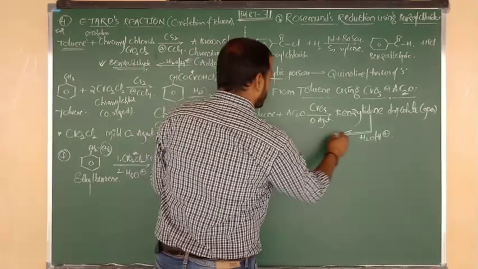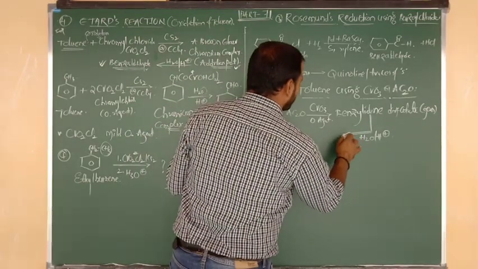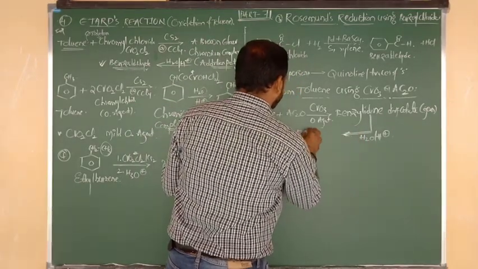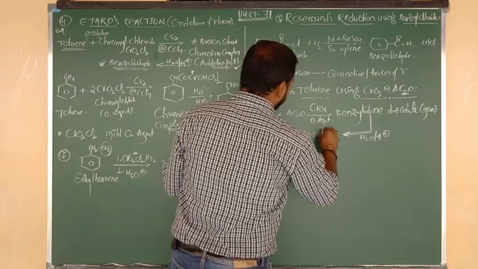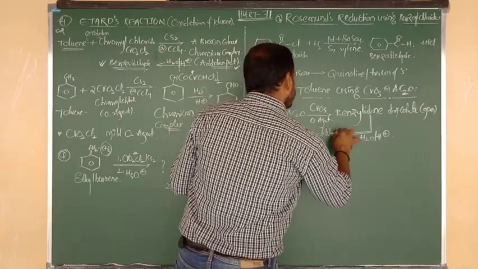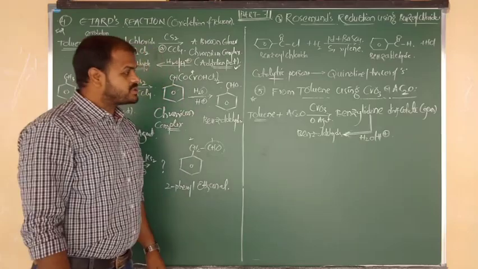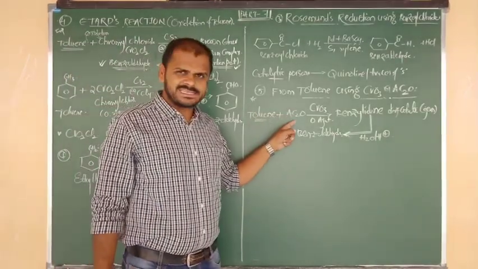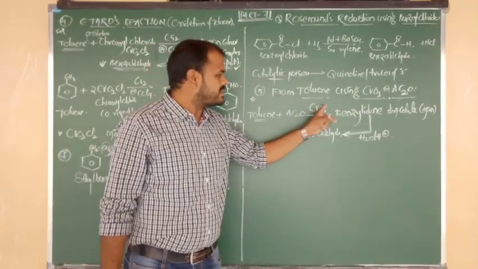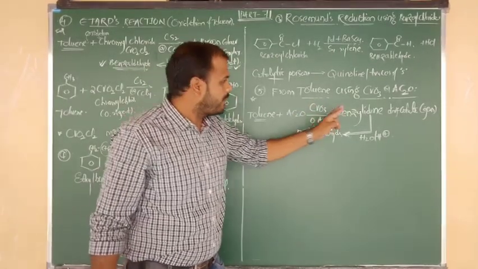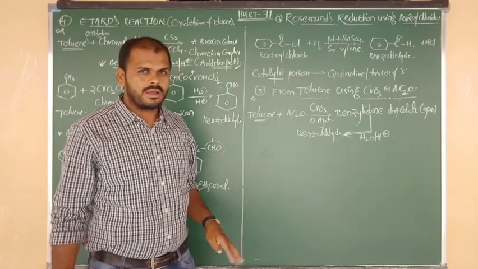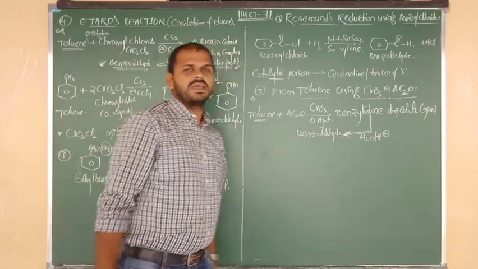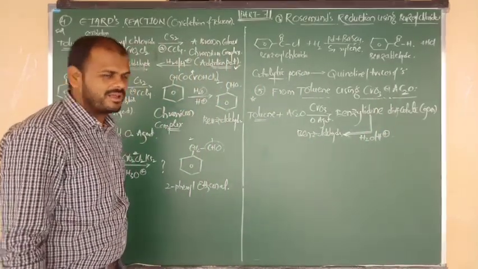Again your expected final product is the same as in the earlier reaction, that is benzaldehyde. So once again I will read the statement. Try to focus. Toluene on reaction with acetic anhydride in the presence of CrO3 gives benzylidene diacetate, followed by hydrolysis gives benzaldehyde. Okay? Good.